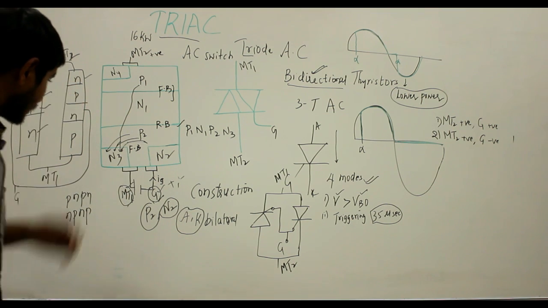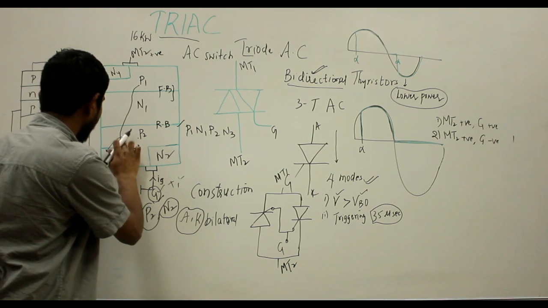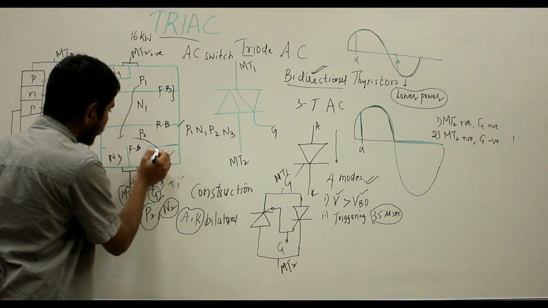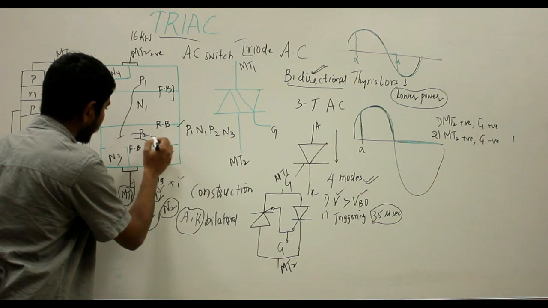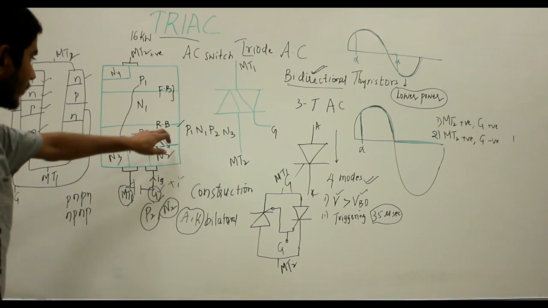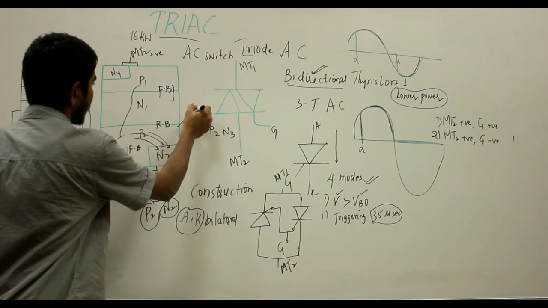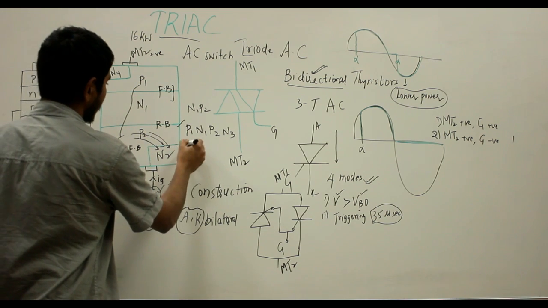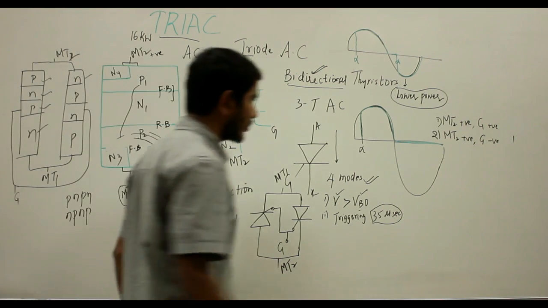For this mode the current will flow from the layer P2 to N2, and the charge carriers injected will break down the reverse bias junction formed at N1P2. The current in this mode will flow through the layers P1, N1, P2, N2.